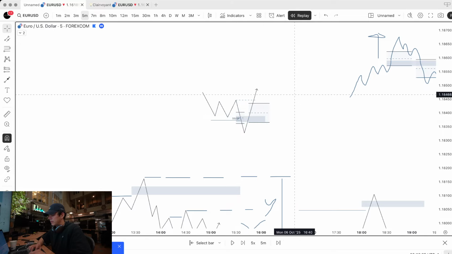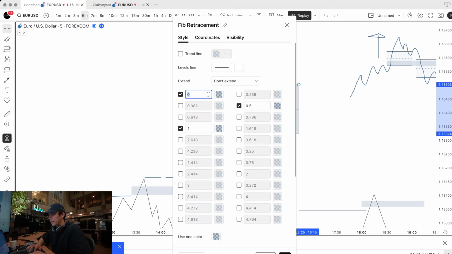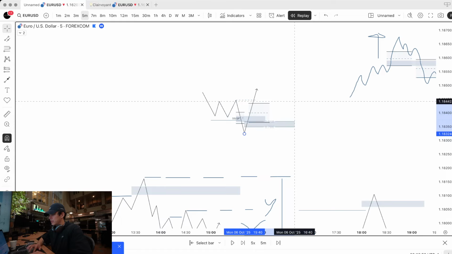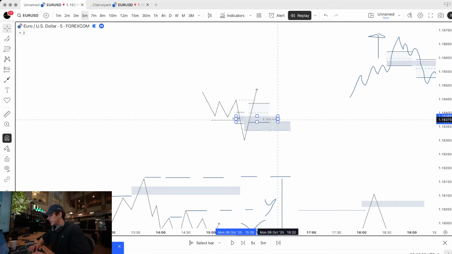Then, because you've got so many things going on, and you're probably slapping an OT on this, you're like, oh, where do I begin? This is where BPRs become super nice, right? Let's just say for this example, the OT doesn't line up for whatever reason. The OT is lower, the body of this candle goes here, and you're like, I don't really know where to enter.